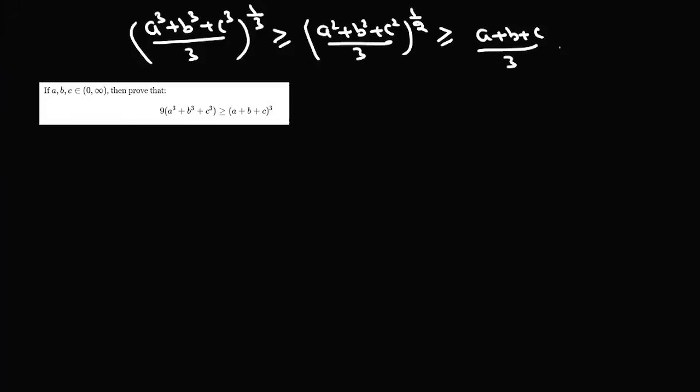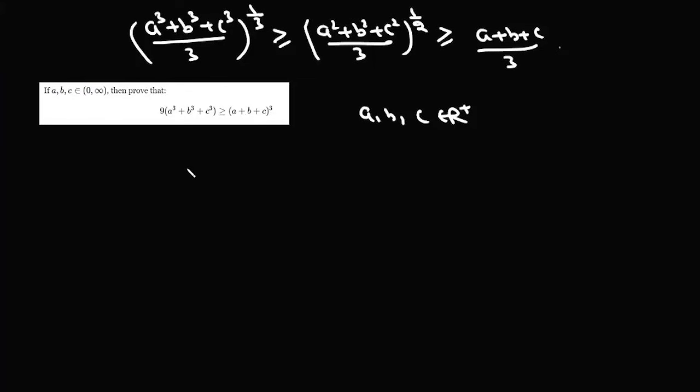Now let us take up an example. Say for example, it says if a, b, c are positive real numbers, so we have positive real numbers a, b and c, and we have to prove that 9(a³ + b³ + c³) is greater than or equal to (a + b + c) whole cube. We can solve this question using the mth power AM. Here we are going to solve it using the power mean inequality.